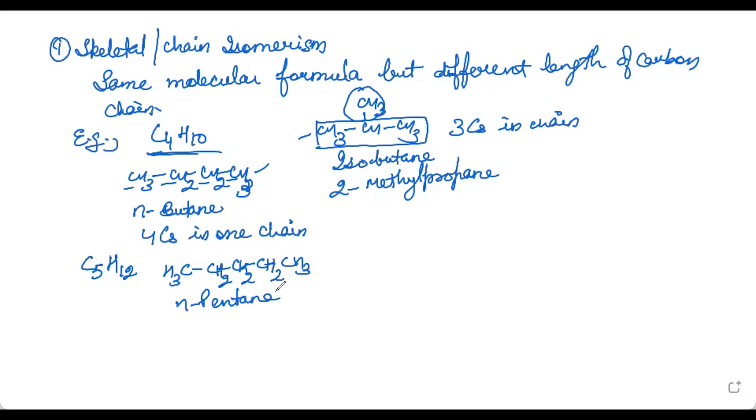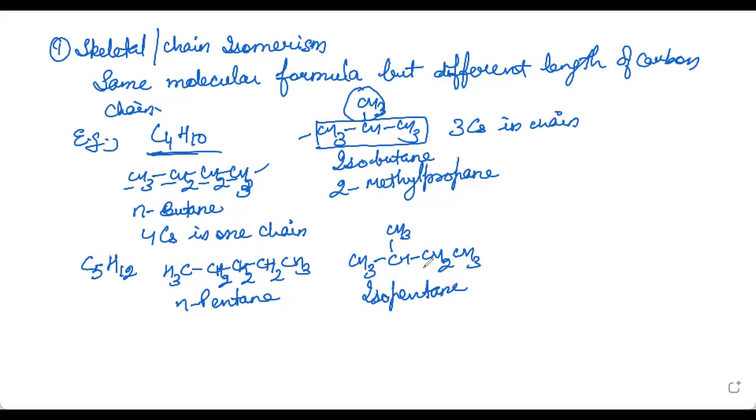Now start writing the names of the compounds yourself, because we have already discussed the nomenclature. Now it can be another form. We have already done these forms of pentane. We have done n-pentane, isopentane, and neopentane. And why we write these prefixes n, iso, and neo, we have already discussed. I hope you have revised it. And this is isopentane.